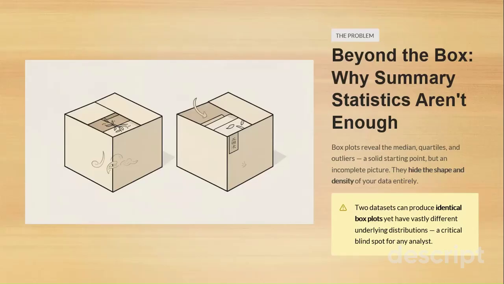They do not clearly show how values are distributed between those points. Interestingly, two datasets can have very similar box plots while having completely different underlying distributions. That is where violin plots become valuable because they help reveal the hidden structure of the data.